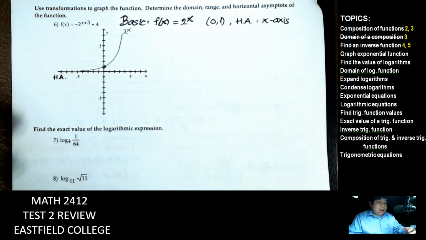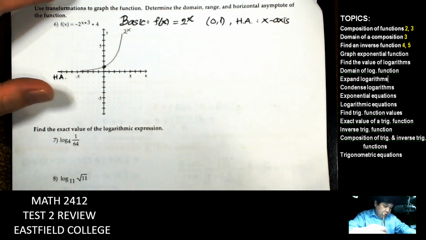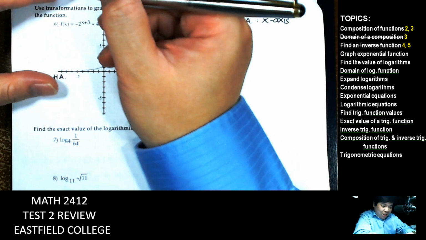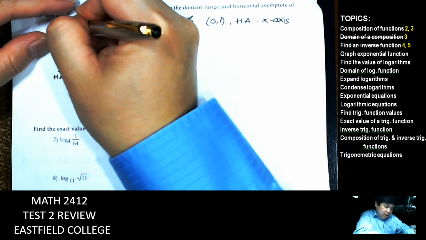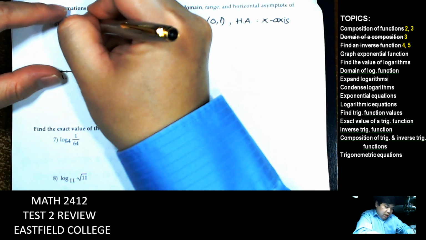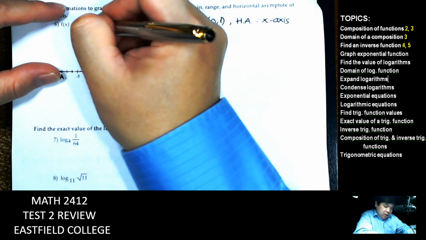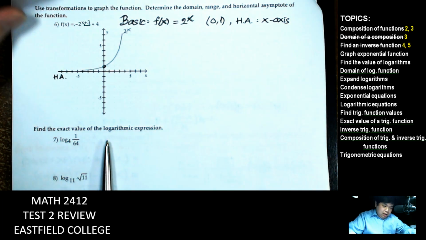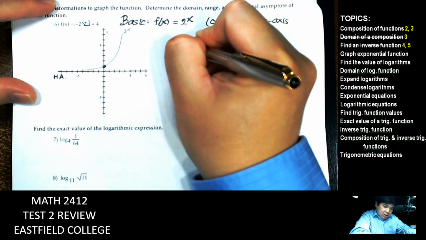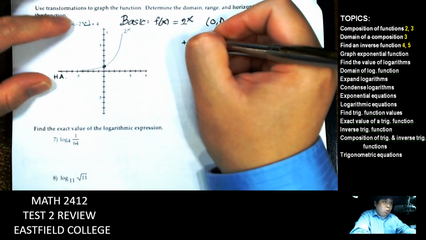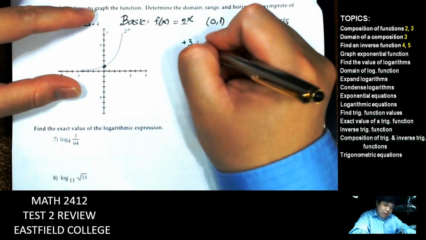Alright, now the transformation, we have quite a few things. I would not say first or second, we have the minus 2 here, or the minus and the 2. We have the plus 3, so the plus 3, meaning that the graph will go to the left 3 unit.